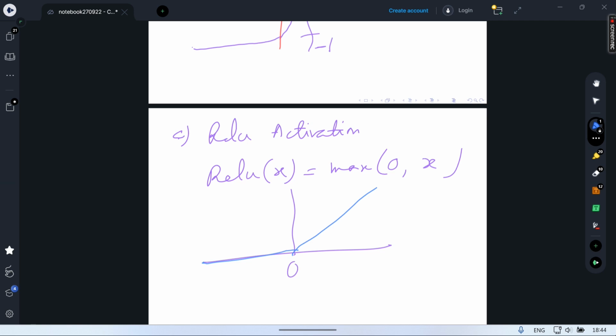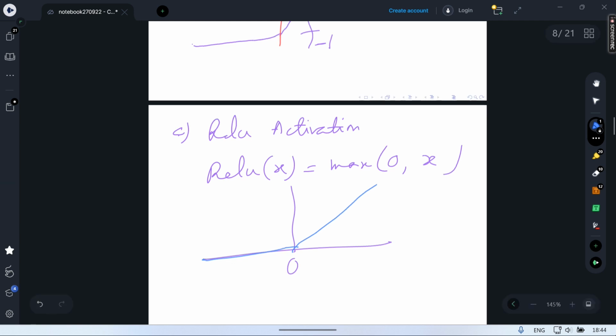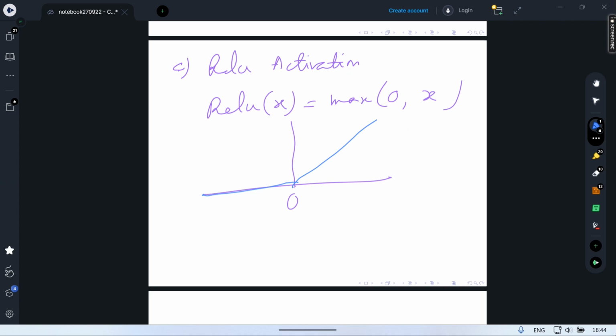ReLU still has some kind of saturating gradient problem: when x is negative, the gradient is 0.